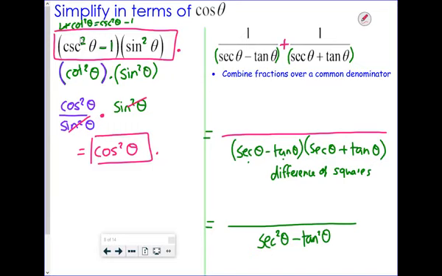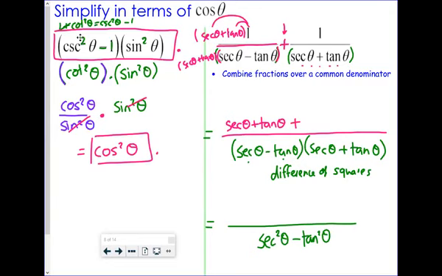So this fraction here, this denominator had to be multiplied by this denominator. So this was multiplied by secant theta plus tangent theta, which means we have to multiply the numerator by secant theta plus tangent theta. So this one's numerator is secant theta plus tan theta, just multiplied by 1. Yeah, it's not going to change it. Then we have this plus sign.